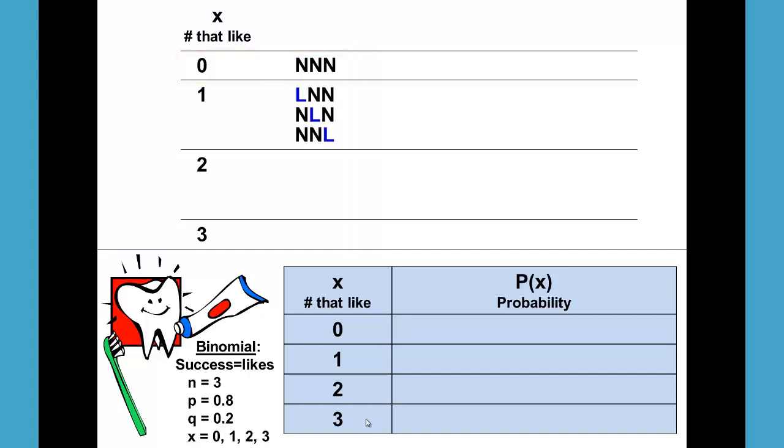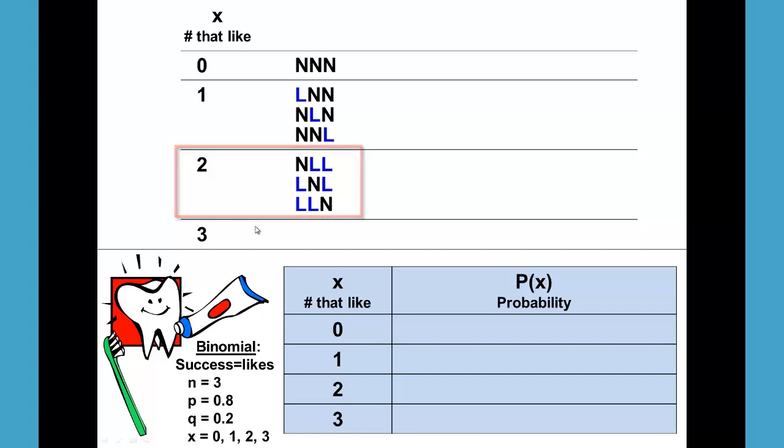If 1 likes the toothpaste, that could be a like followed by 2 not likes, or the other 2 orders there. And I'm not going to read through all of the orders. If 2 like the toothpaste, notice we have 3 options for that, and you see the 3 options that we have.